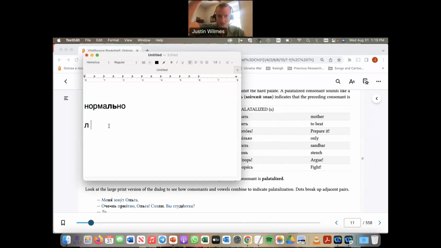Not completely, it doesn't have to be 100% smashed up against the roof of your mouth, right? It's just partially pressing up against your palate, the roof of your mouth. So with L, I think it's pretty easy to hear the difference.